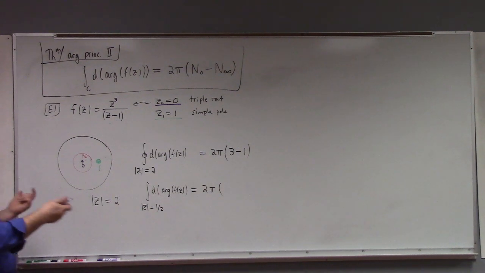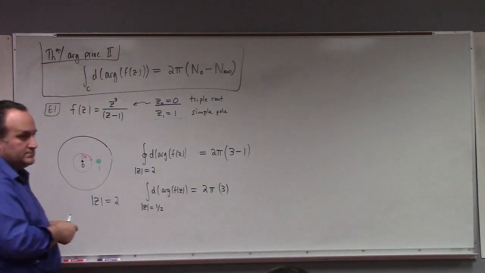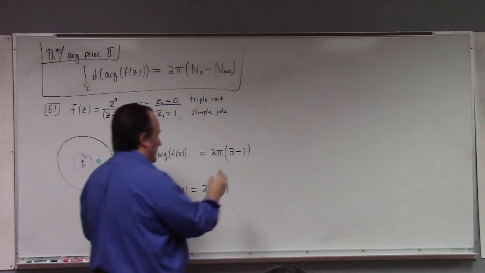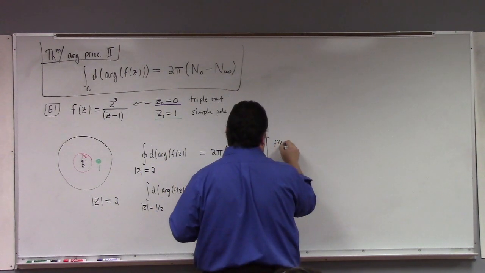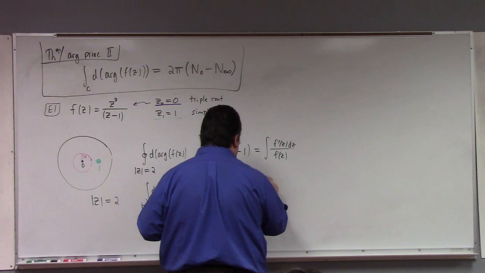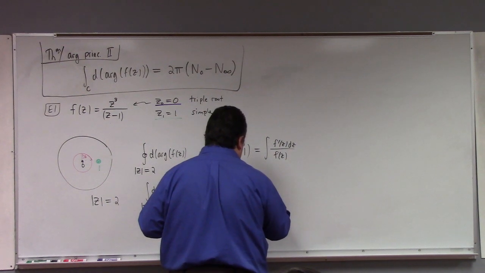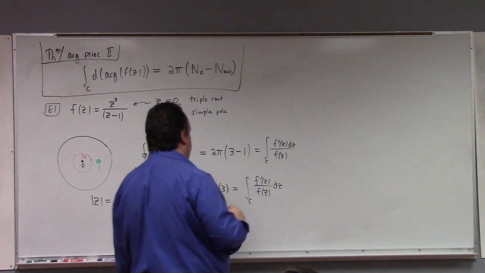Supposedly just 3 minus 0, right? And this is also, of course, going to be the integral of f prime of z dz over f of z if we were to calculate it. It might be interesting to calculate that, I don't know.